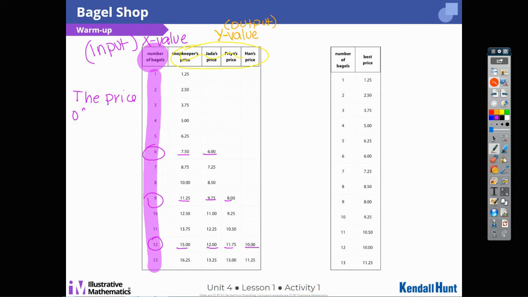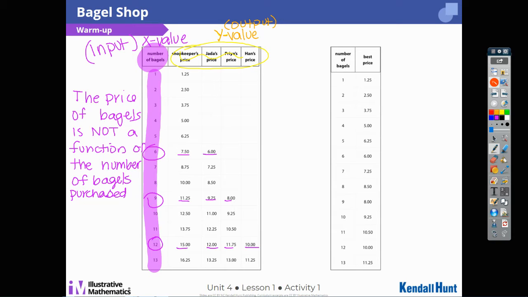So the price of bagels is not a function of the number of bagels you buy. And that kind of seems crazy to us, because we want to think about buying something as a set price.